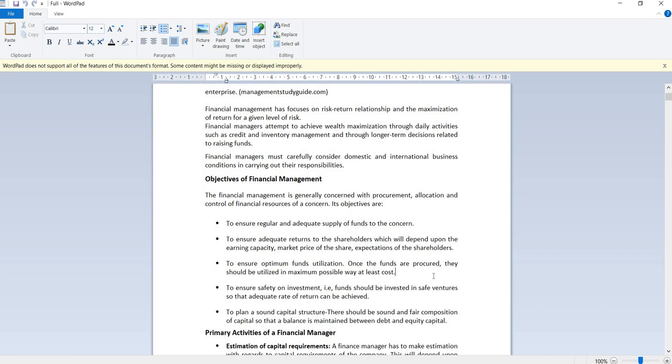So pwede kang mag-invest in an operating segment na nag-i-income. So pwede kang using that 100 million, you can put up another store, ibang store. So nag-i-income siya. Or you can invest it somewhere. So para hindi mamatay yung pera or para hindi maging stagnant yung pera. So dapat the money is always working.